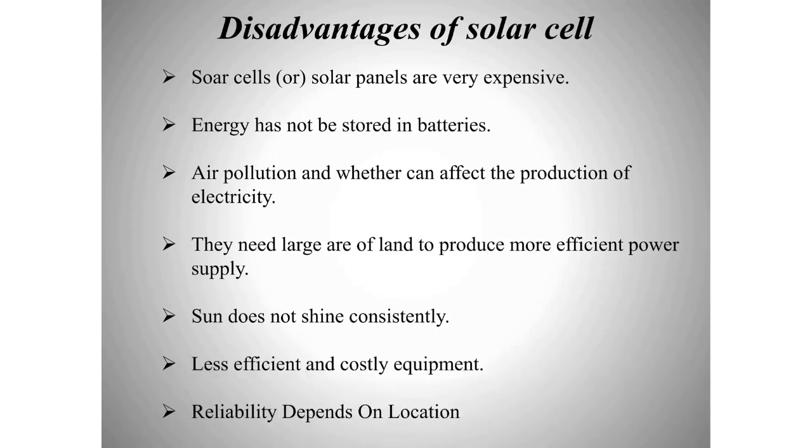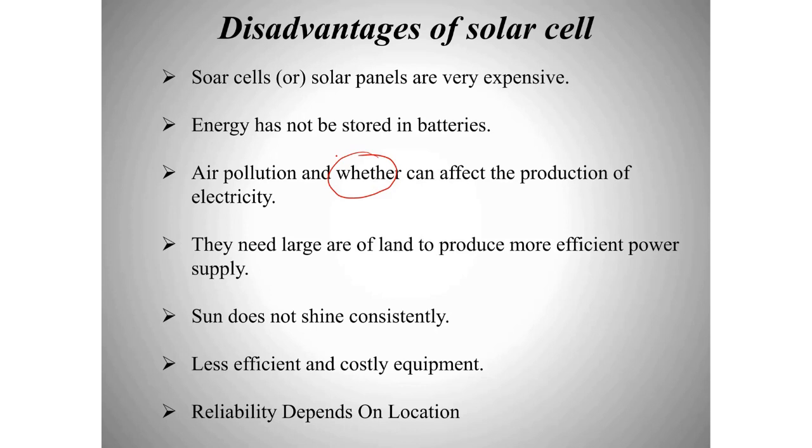The energy cannot be stored in batteries, so only whenever the conversion is possible, but the storing is not possible. Air pollution and weather can affect the production of electricity. Again, sorry for the spelling mistake.